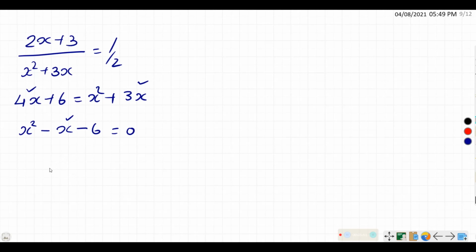Now we can solve it by applying the principles of solution for quadratic equations. We can split the middle term and proceed, in which you are an expert now.